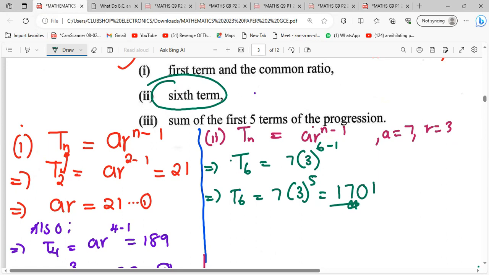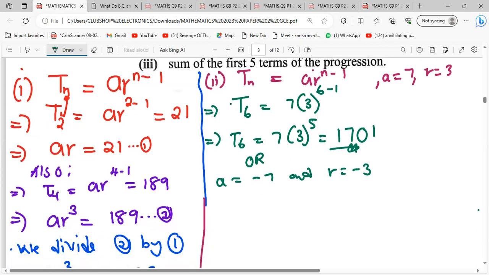Now, if you wanted to pick your A as -7 and your ratio as -3, you can still get the answers. All right, so it would be T6 is equal to our A will be -7, open bracket, -3 to the power 6 minus 1.